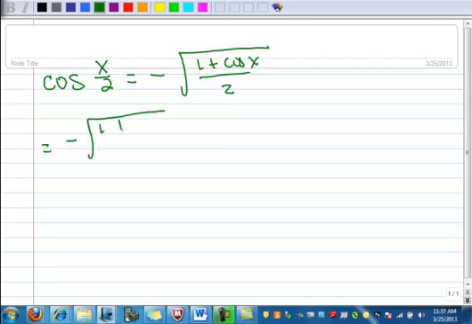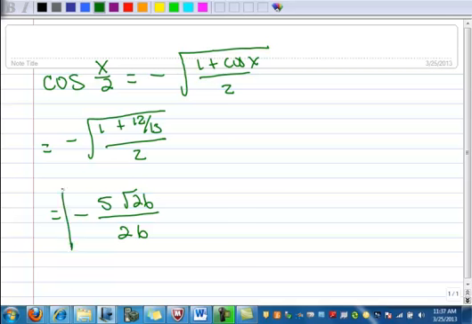So we have 1 plus 12 over 13 all over 2. And I'm just going to jump right to the very end. You know how to do that. So of course it's negative 5 times the square root of 26 all over 26. So there's the cosine of your half angle.